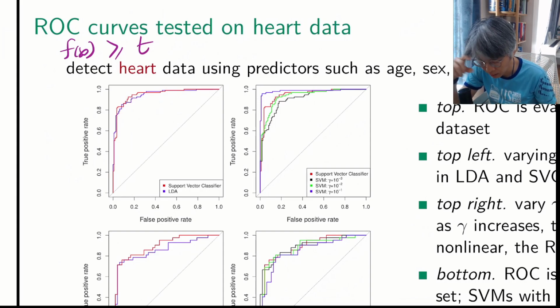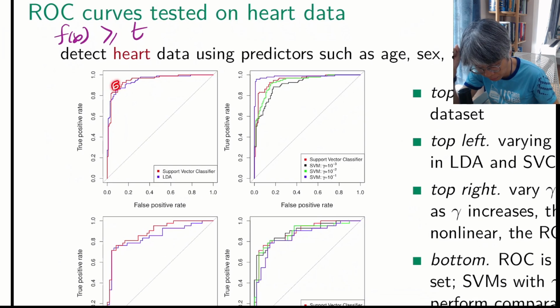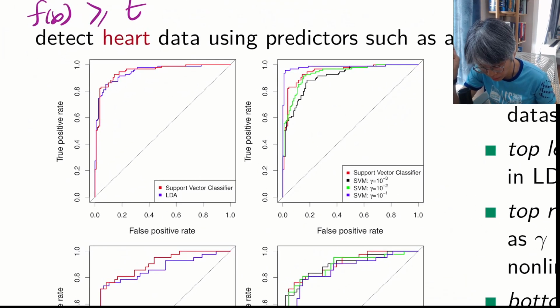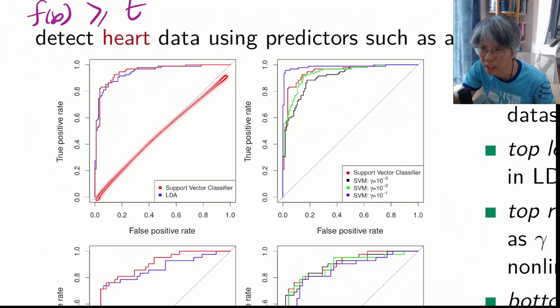Ideally, an ideal classifier is the one whose ROC curve lies on the northwest corner, because that means you have both high true positive rate and low false positive rate. At least your classifier should be better than the diagonal line, because this corresponds to a random guess classifier, the one that predicts the outcome as positive and negative with 50% chance.